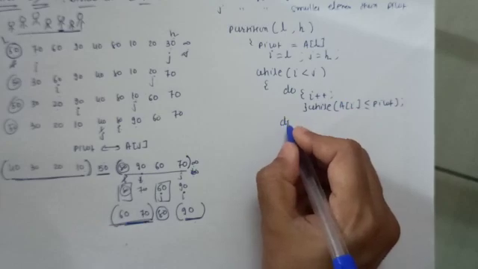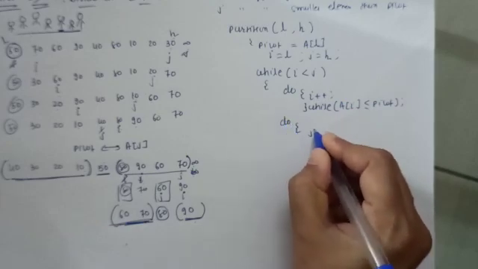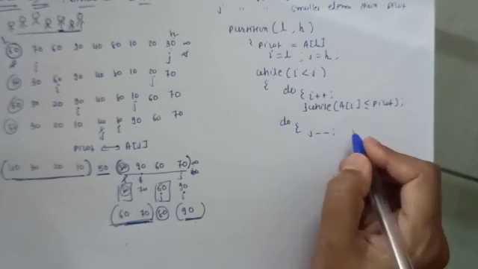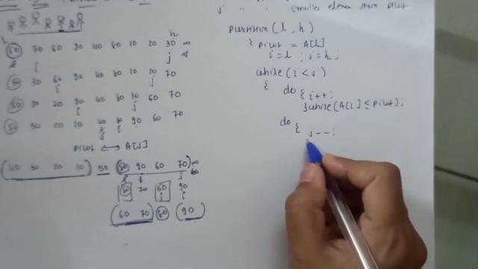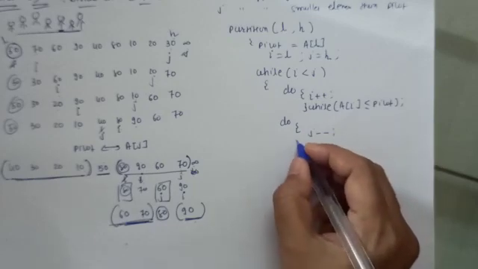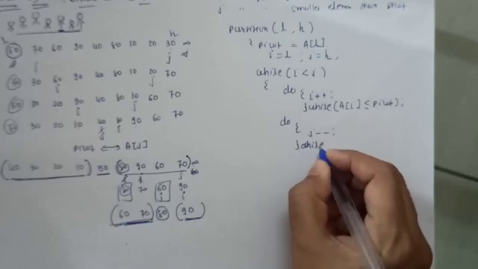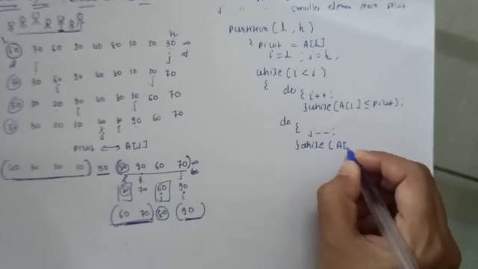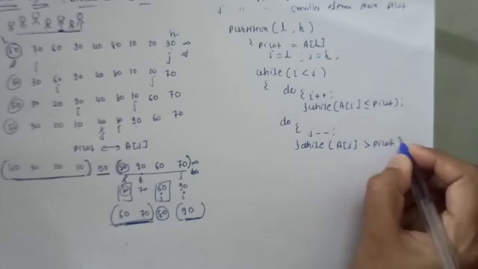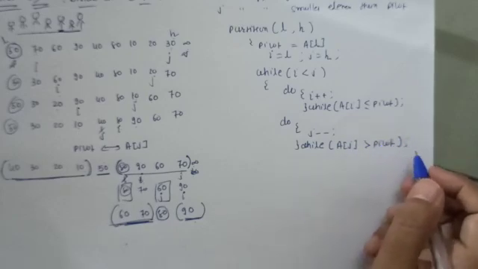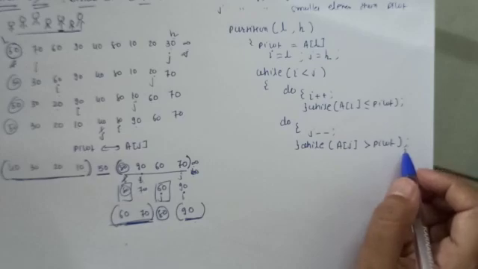Now similarly do J minus minus, we will decrement J. We have set J to higher bound and at every step we will decrement J until A of J is greater than pivot. So J will stop if it finds a smaller element than pivot.